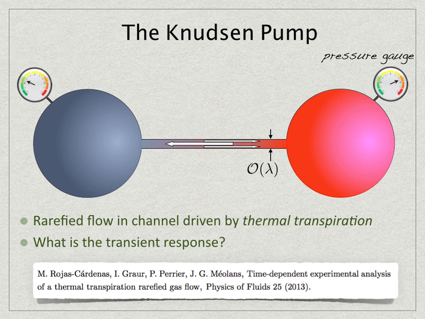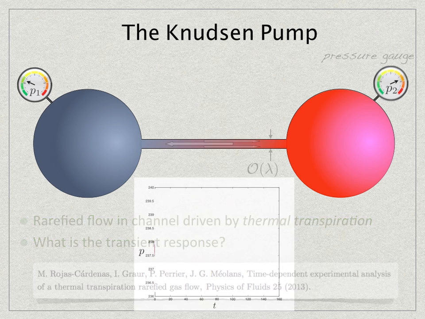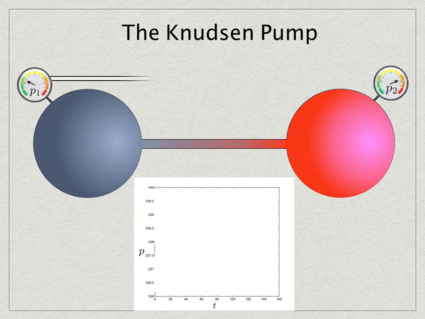Now the guys from Marseille I mentioned earlier, they investigated experimentally the transients of that phenomenon, and so what they did, they connected those two reservoirs such that the pressures initially were equal. So they set up the heating beforehand.